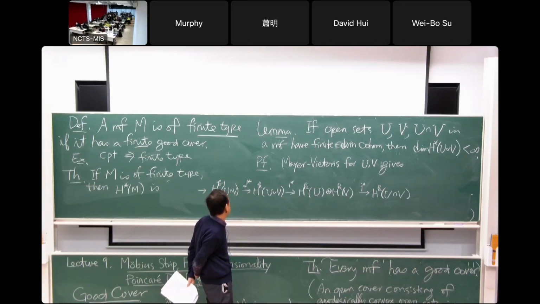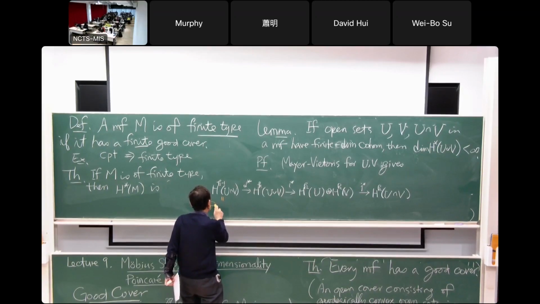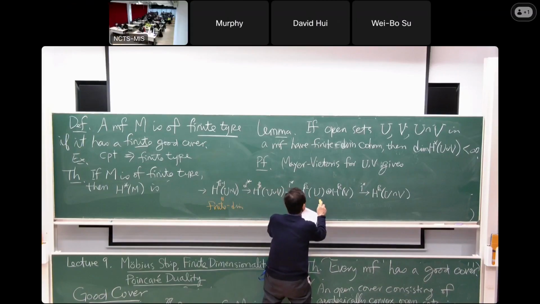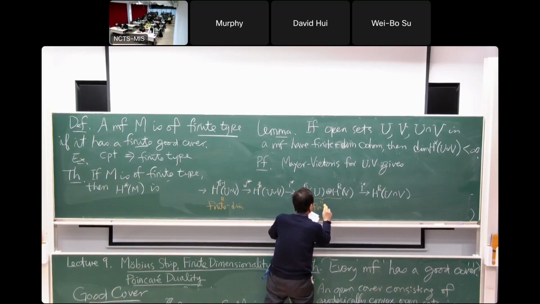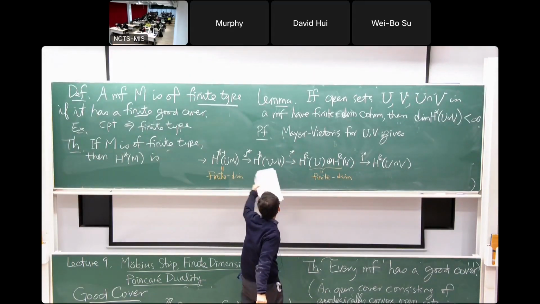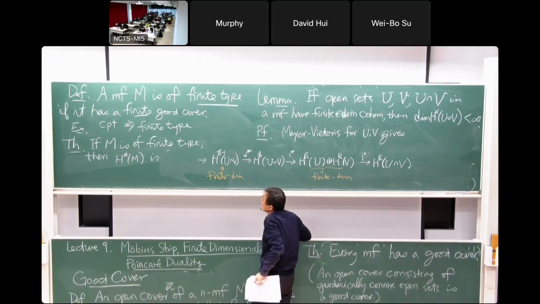So we know that this is finite dimensional, and we know that both of these are finite dimensional. We want to conclude that the union is finite dimensional.